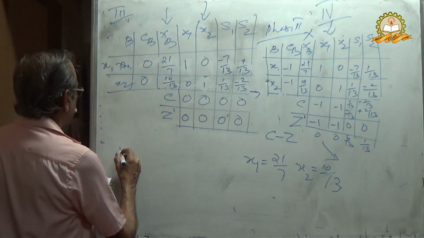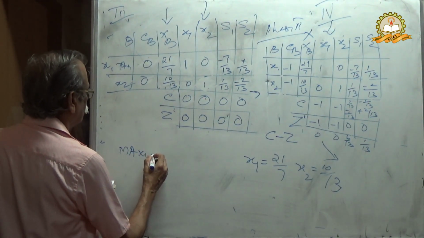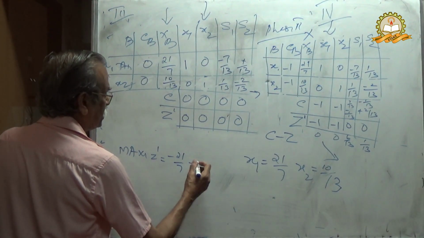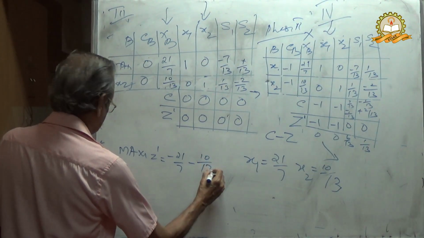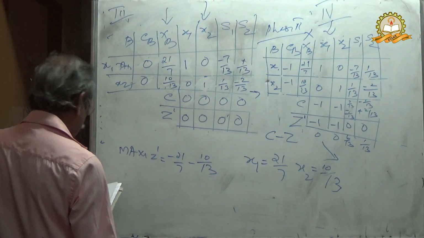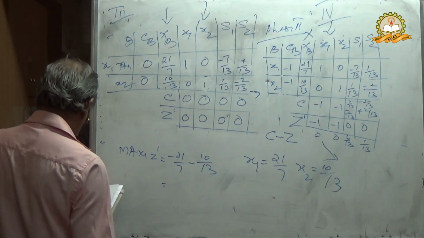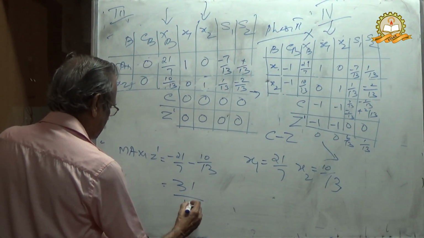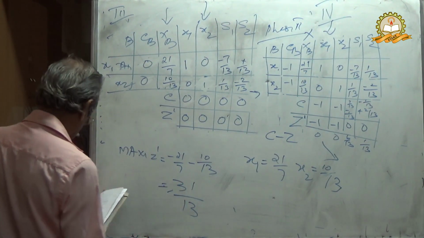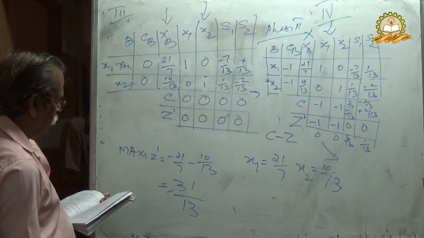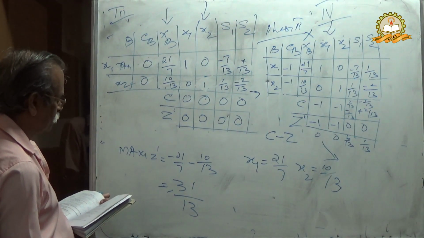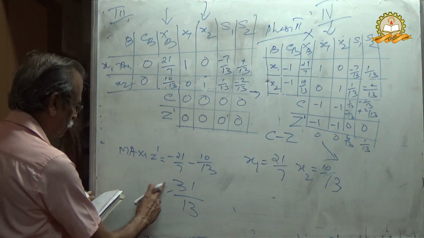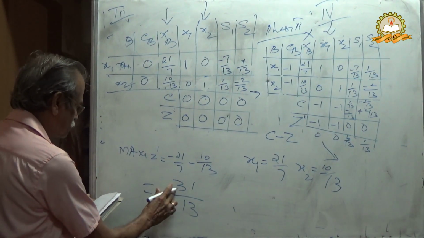Therefore, maximum Z dash equals minus x1 minus x2, equal to minus 31 by 13.